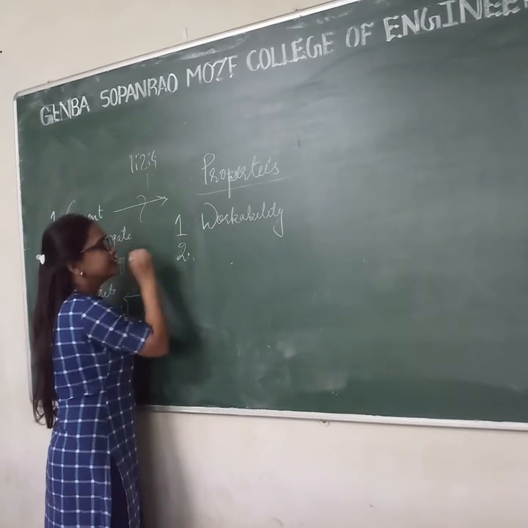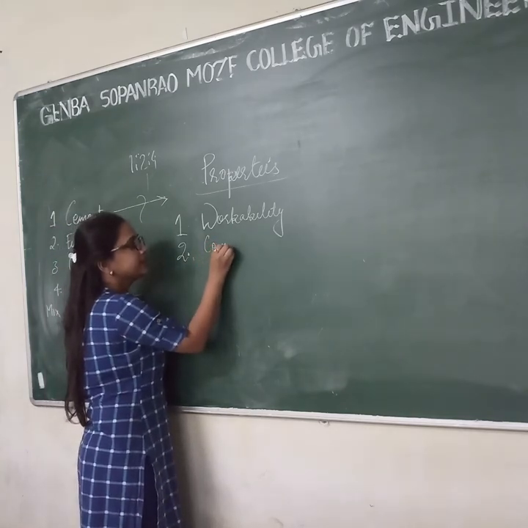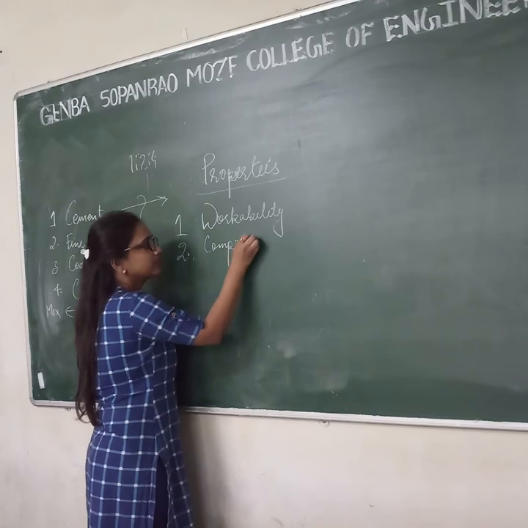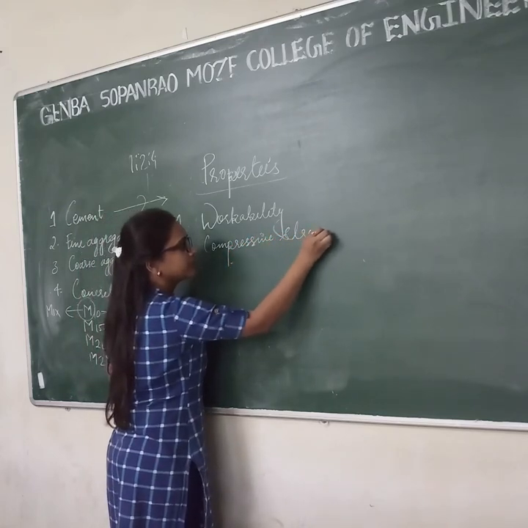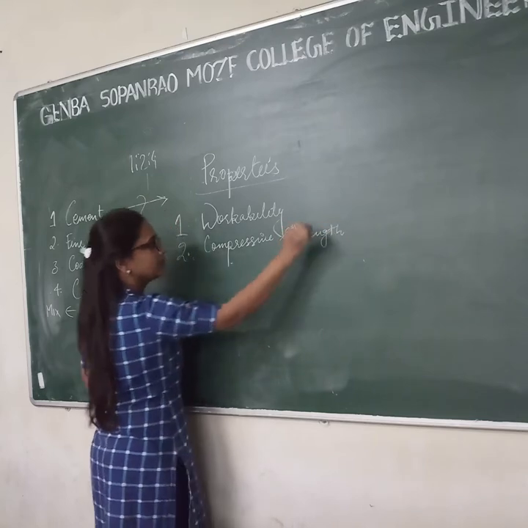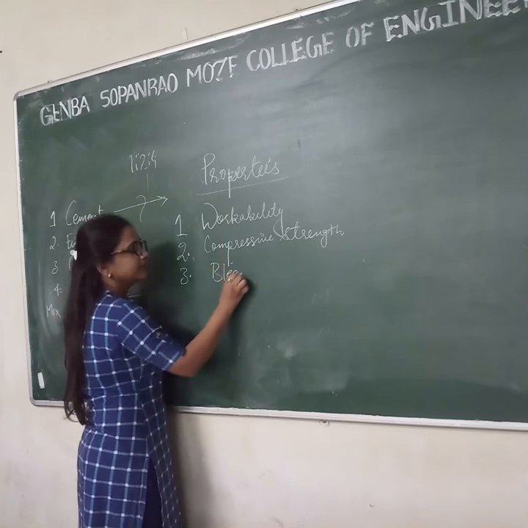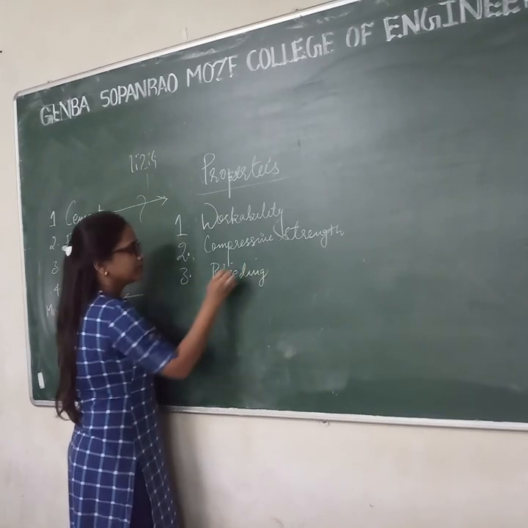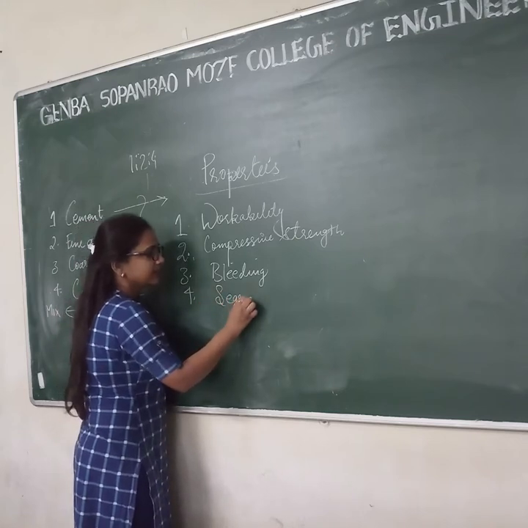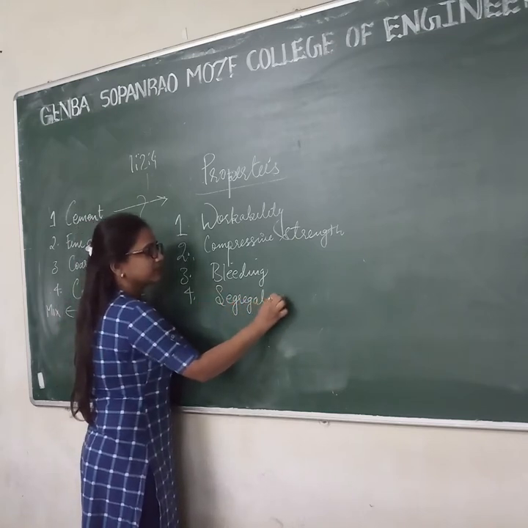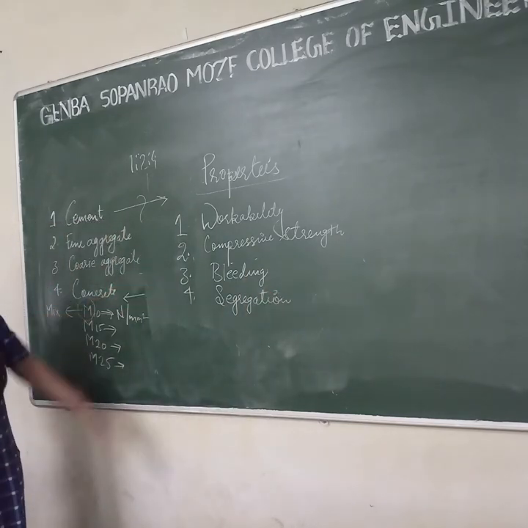The second one is compressive strength. The third one is bleeding. The fourth one is segregation. See, these are the four properties a concrete has.